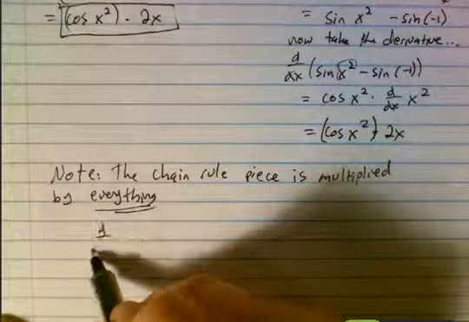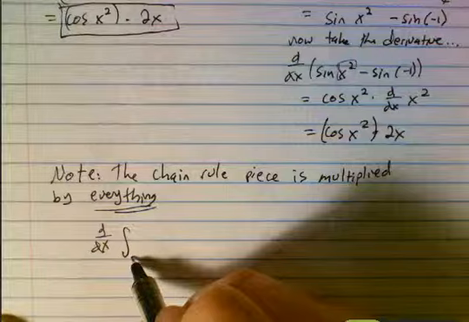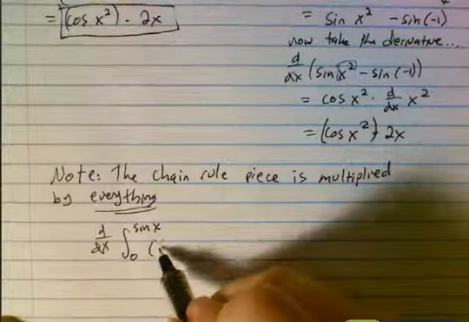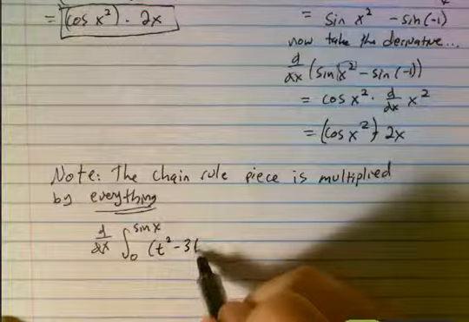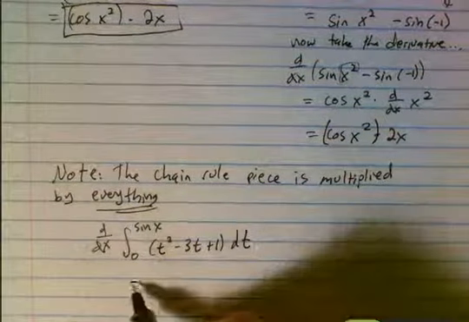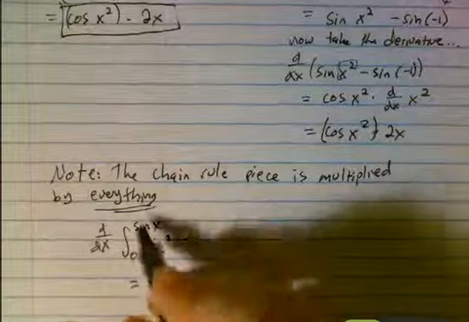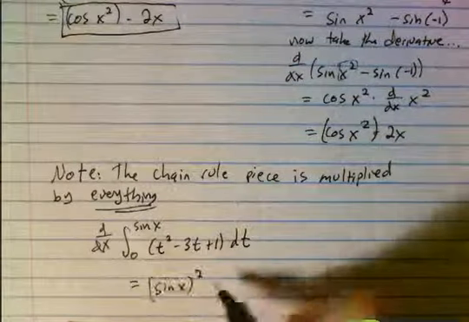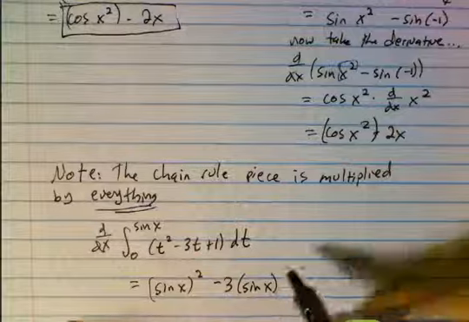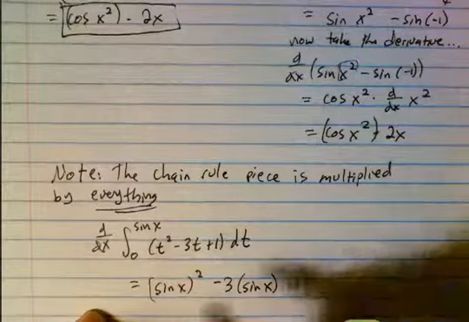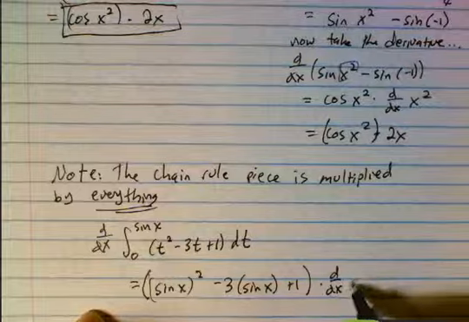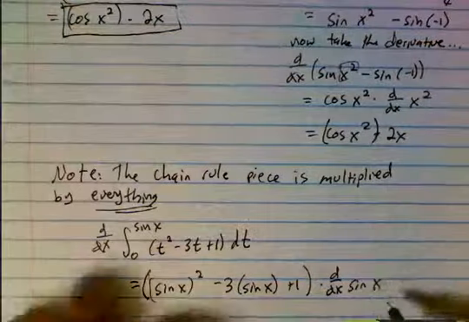So for example, the derivative of the integral from 0 to sine of x of t squared minus 3t plus 1 dt equals, replace it, sine of x squared minus 3 sine of x plus 1, and then this whole thing is multiplied by the derivative of the sine of x.